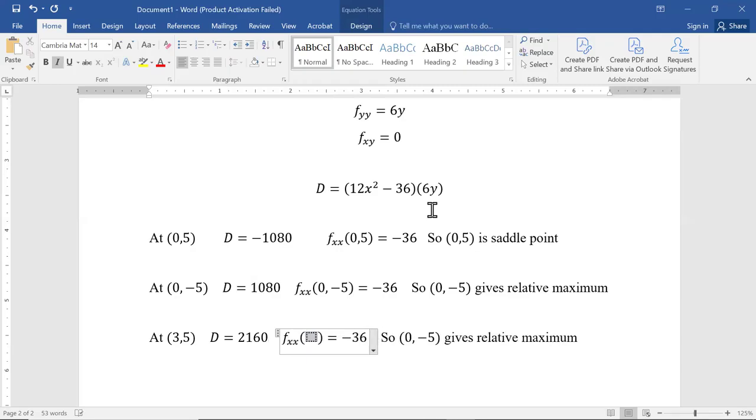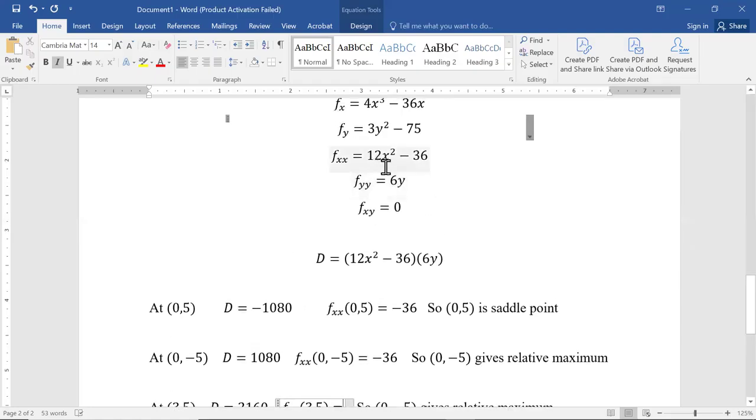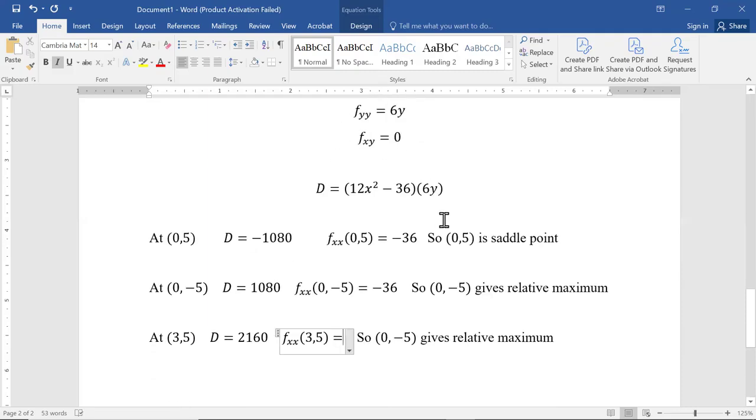That's positive. So let's plug in (3, 5) into my f sub xx. That's going to be, again here, 12 times 3 squared minus 36. That's 72.